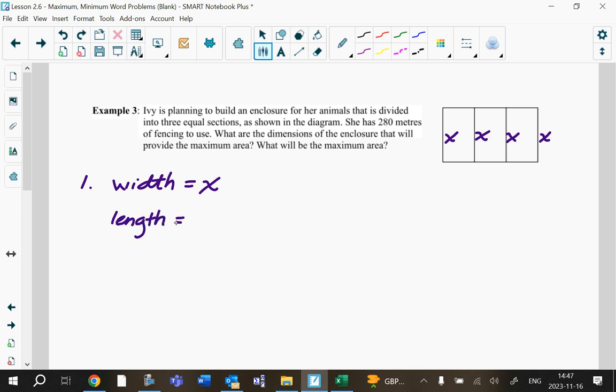Now I need to come up with an expression for the length. How much fencing do I have? 280. And I've taken away 4 widths, haven't I? So 280 minus 4x.